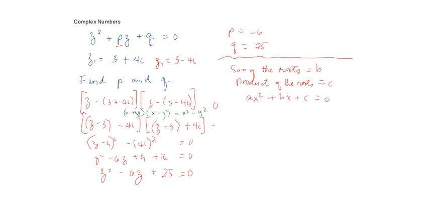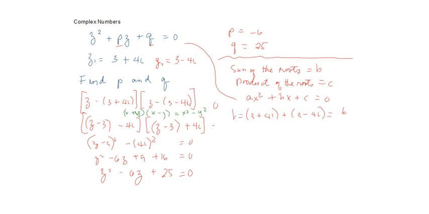This is basically the same as this. So if you don't want to solve it this way, you may just use the knowledge of the sum and product of roots. So you have 3 plus 4i plus 3 minus 4i, and that gives you 6.